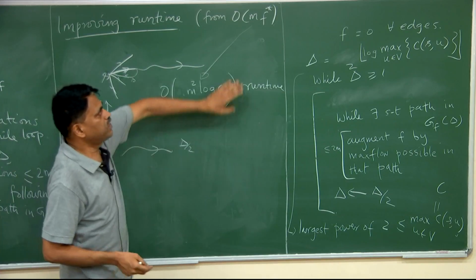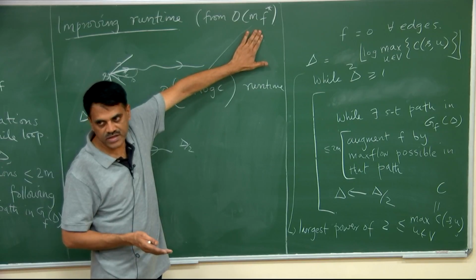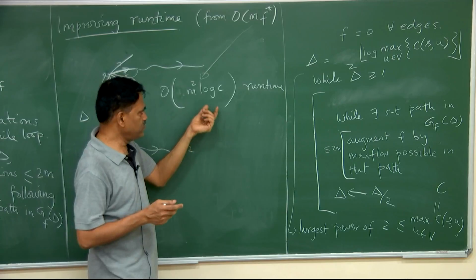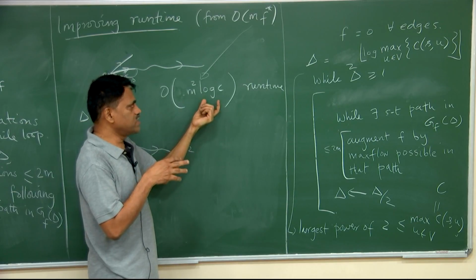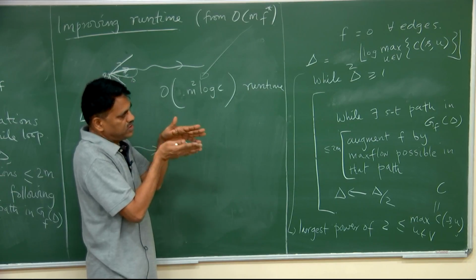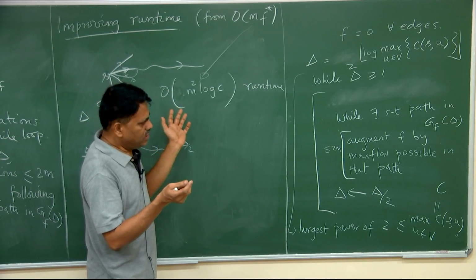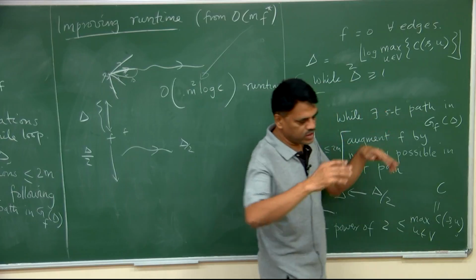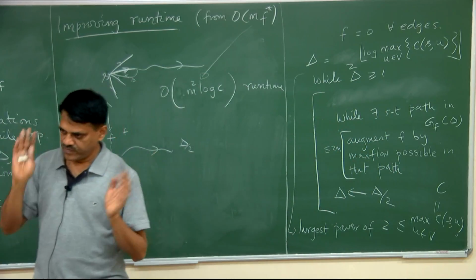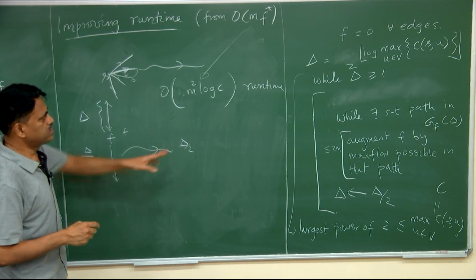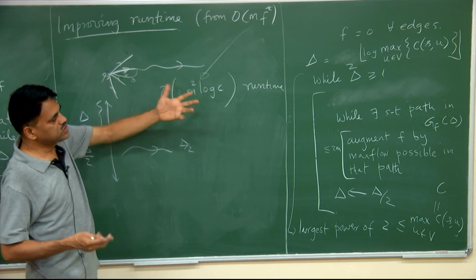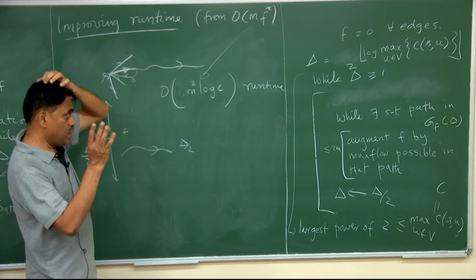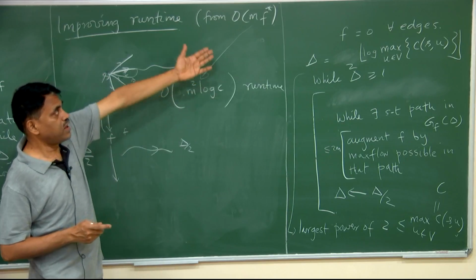This is not, because this f star can be pretty large, but this is polynomial in the input size. Log C is the number of bits required to write down these numbers. Instead of talking about the max value out of this, you can say the max value in the entire network if you care. Then it's n square times log C. So if C is very, very large, then this algorithm may be better than m f star.